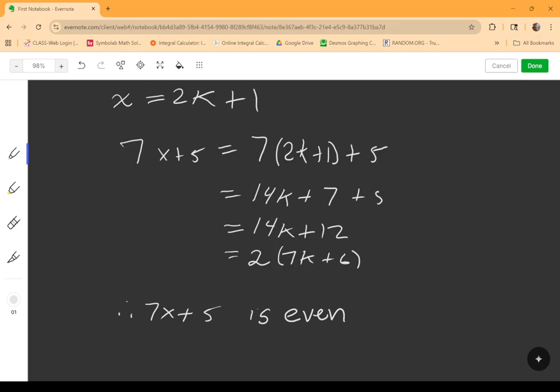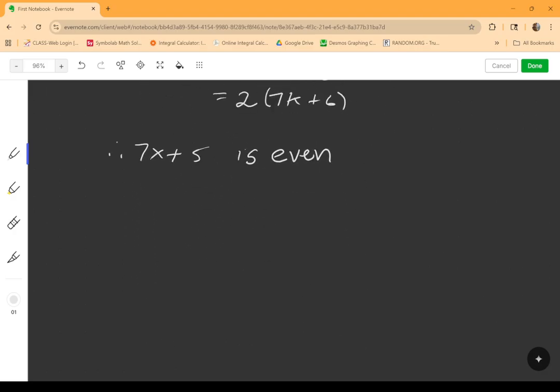All right, so now let's do one more example, also using the contrapositive, but also introducing a different type of statement that we've seen before, though we haven't done any proofs involving a biconditional statement.